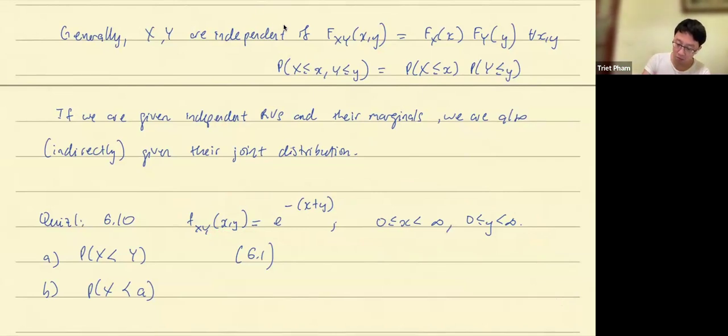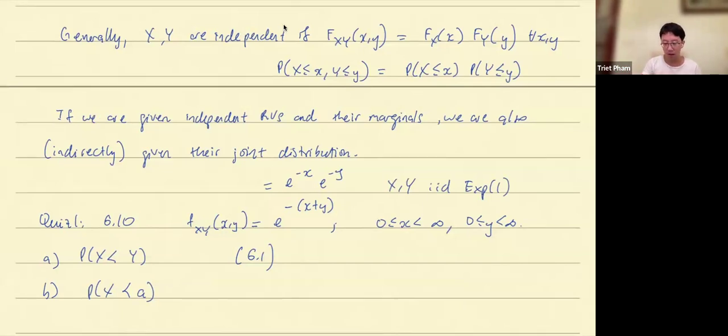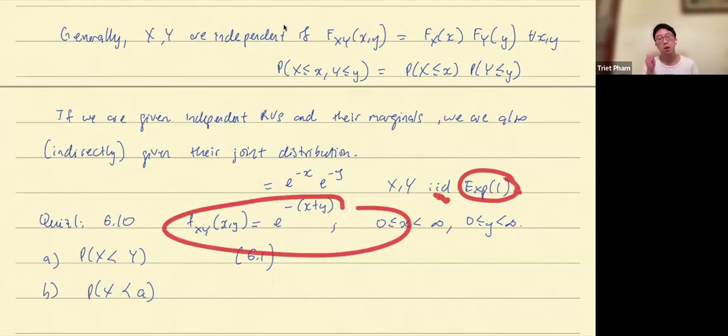Answer: this is e to the minus x times e to the minus y. Therefore, here x, y are IID exponential 1. IID stands for independent, identically distributed random variables. Identically distributed is because they're both exponential 1. That's not super important, I mean, it is, but it's implied by exponential 1s. The independent part is much more important. They're independent.